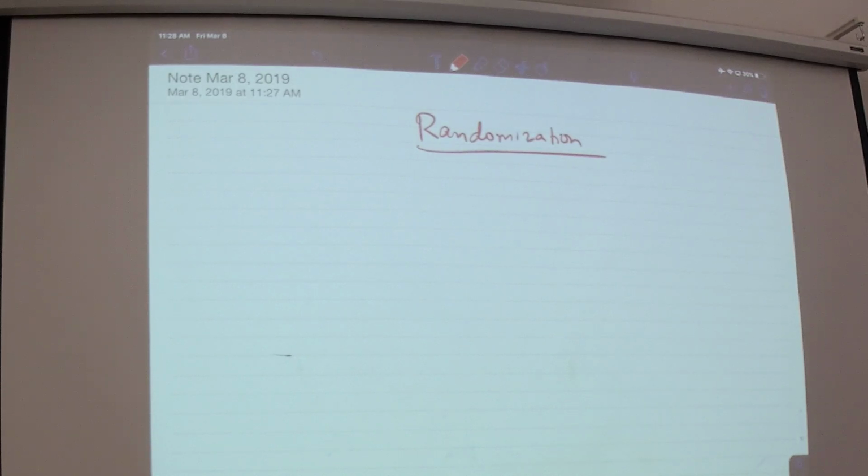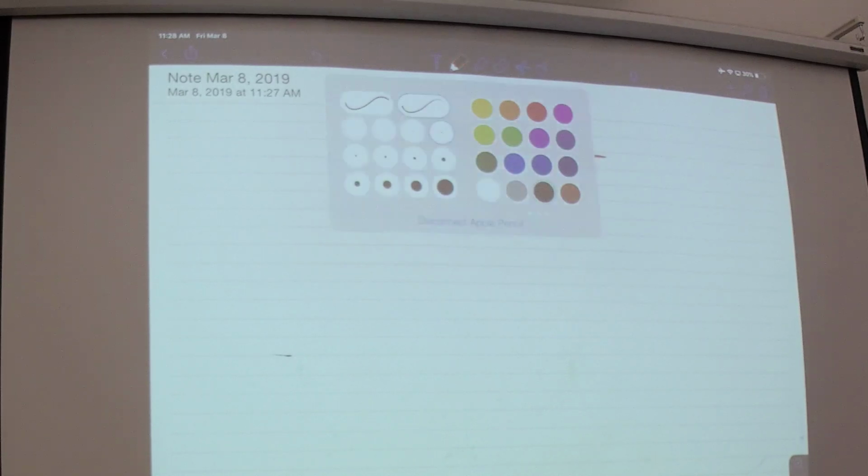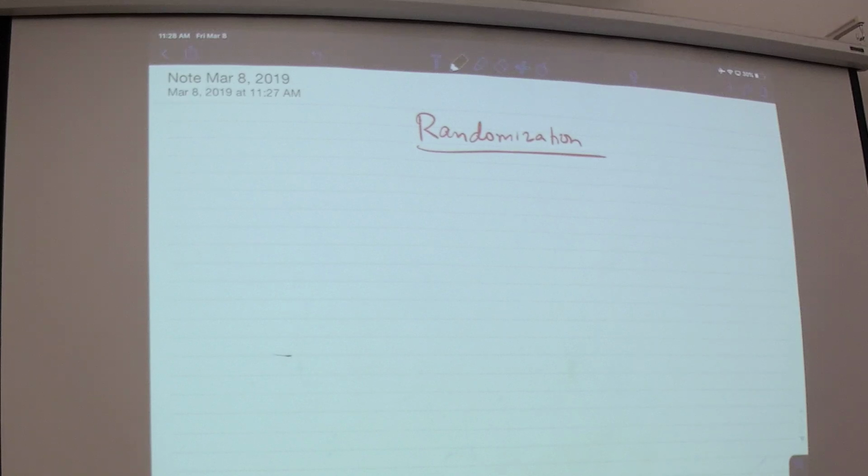Here's a problem. You're given an array, and you're told that n over 2 of the entries in this array are 0.